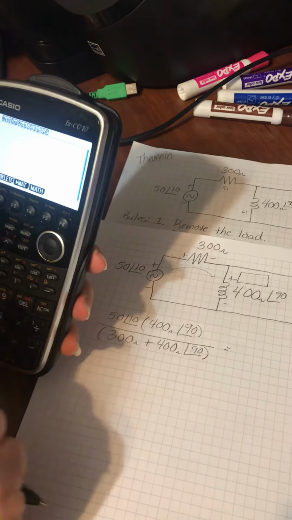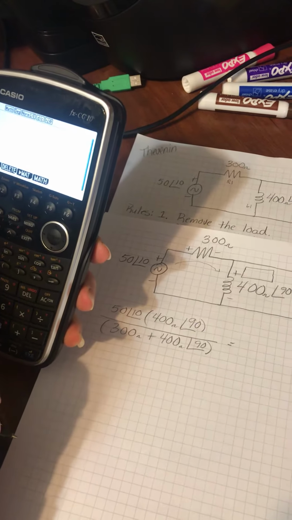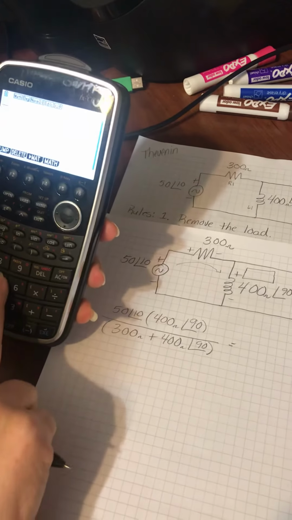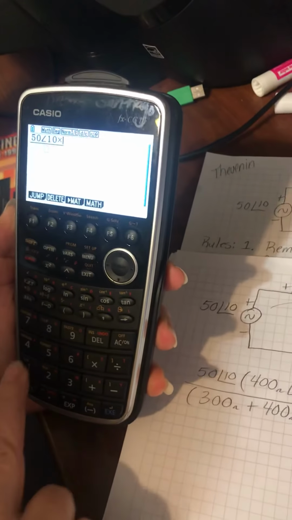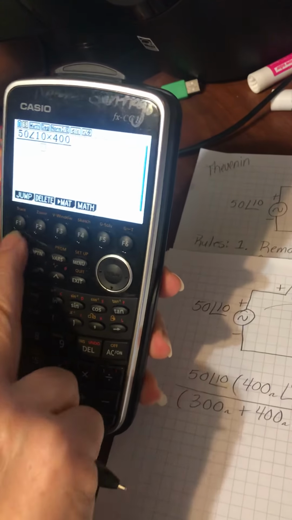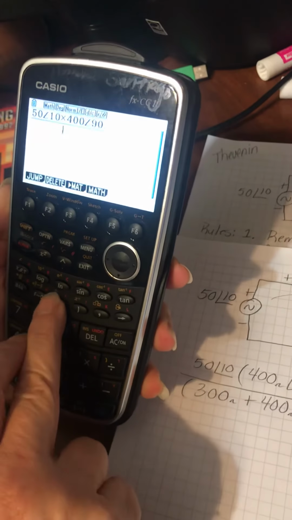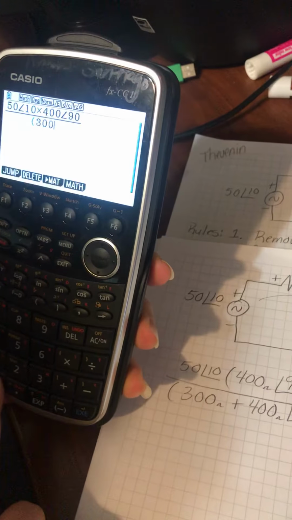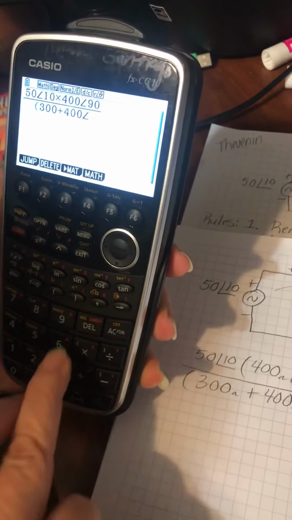So I'm simply going to stick it in my calculator. I got 50 at an angle of 10 times 400 at an angle of 90 divided by, the bottom has to be in parentheses, 300 plus 400 at an angle of 90.